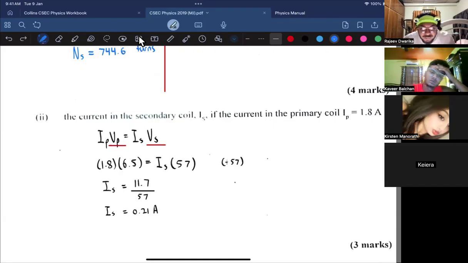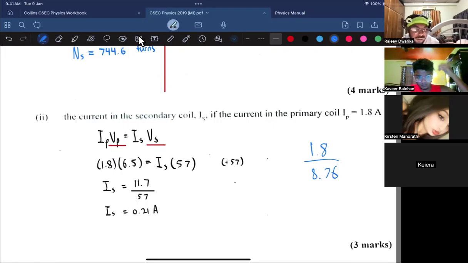Let me explain this, Justin. A way is to take 1.8 and divide it by the 8.76. Same answer. Right. The reason for that is because if I am increasing my voltage by 8.76 times, I'll have to drop my current by that amount of times as well. You understand?